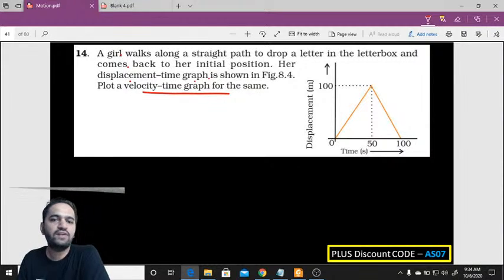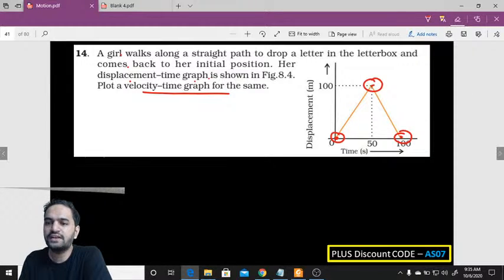Okay, so can we find out the velocity time graph for this? Is it possible? From a displacement time graph, how can we find out velocity? First, we need to find out velocity at these points. Okay, so that is possible.